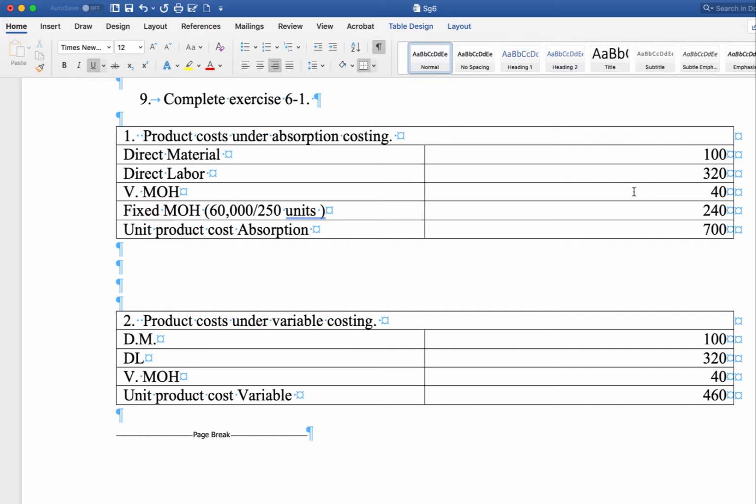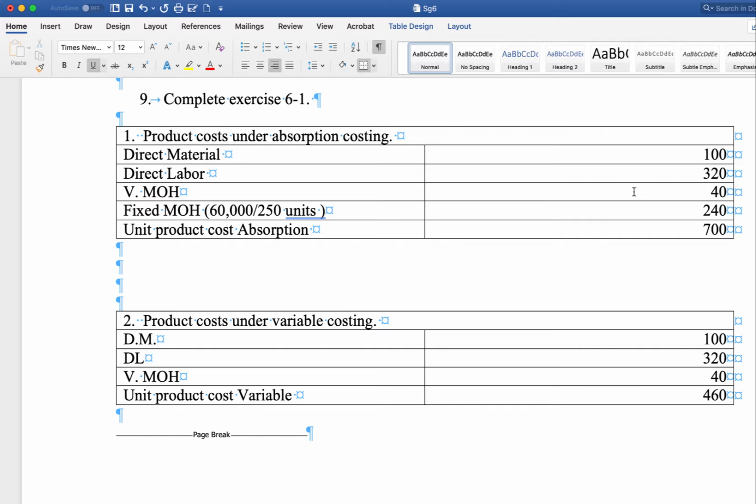and you know that the main difference between absorption costing and variable costing is how we handle fixed manufacturing overhead. Under absorption costing, fixed manufacturing overhead is part of the product cost. Okay, it's an inventoriable cost.